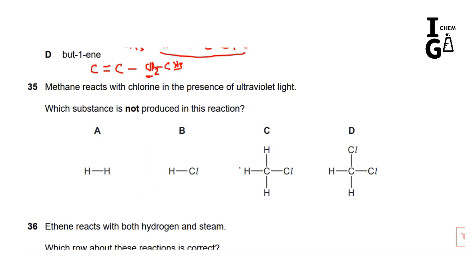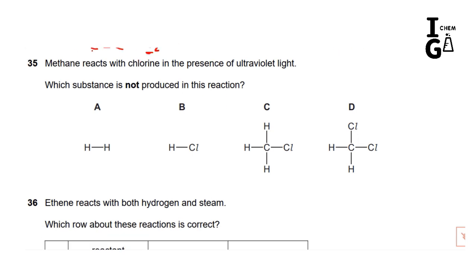35. Methane reacts with chlorine in the presence of ultraviolet light. Which substance is not produced? Remember, guys, all the time about the word not. Okay, not produced in this reaction. You know, guys, in this reaction, methane is an alkane. Alkanes are saturated, so they can react by substitution, not addition.